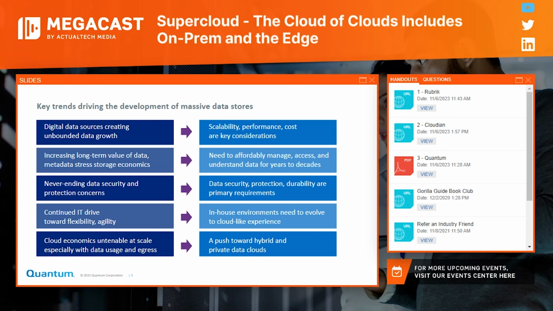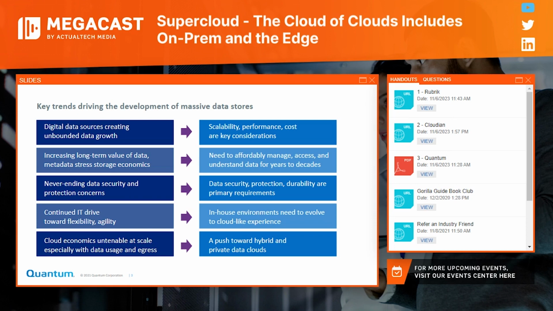Supercloud is definitely a reflection of the fact that in-house IT environments need to evolve, and are evolving, to a more cloud-like experience. When you're thinking about resources you set up internally, you need to think of them as an as-a-service infrastructure for your constituencies, and how you can mimic a cloud-like experience and apply all of those attributes of cloud in your own IT environment.